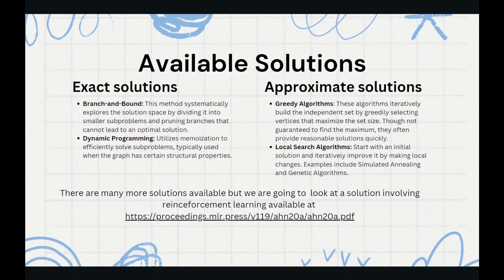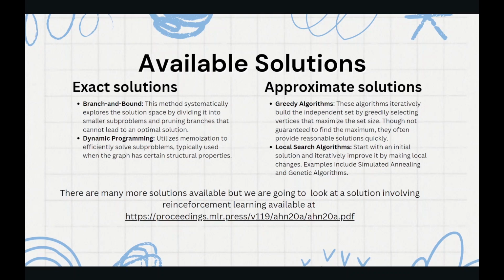Another exact solution involves DP, dynamic programming, which keeps on storing data from the graph and uses this memoization process to improve the efficiency of the algorithm.